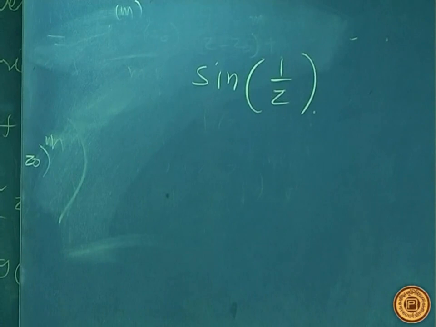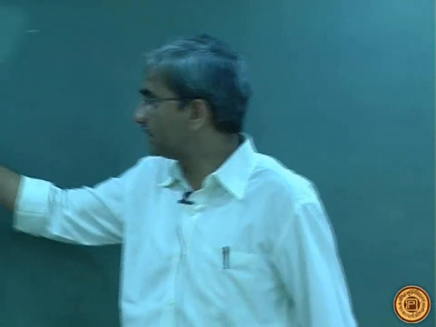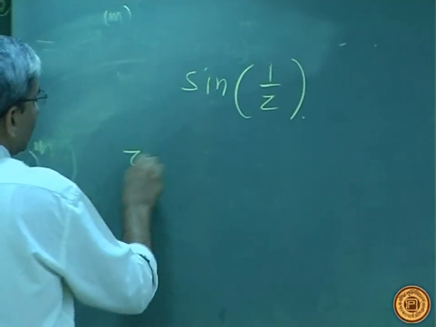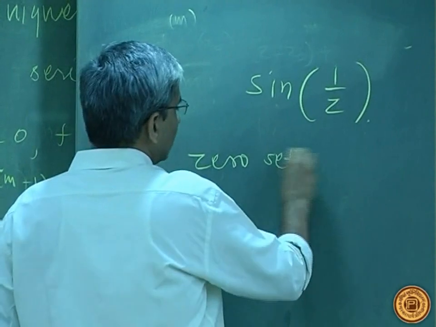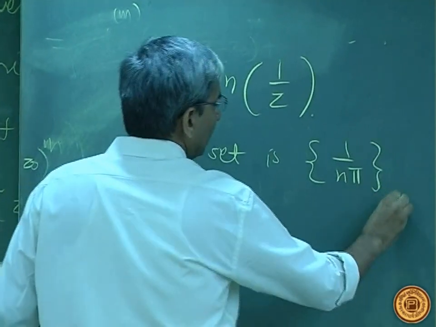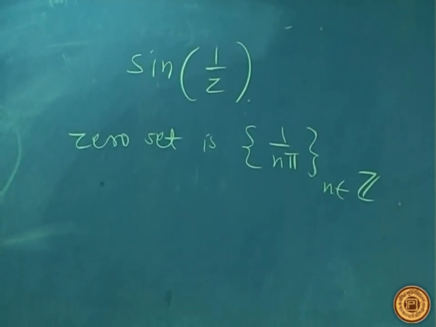Now the zeros are 1 upon n pi, right? That means if you put z equal to 1 upon n pi, then this becomes sin n pi. So the zero set is 1 upon n pi, n in Z.